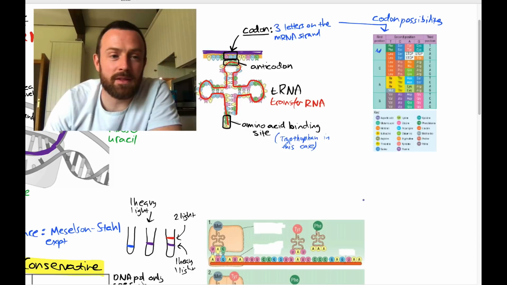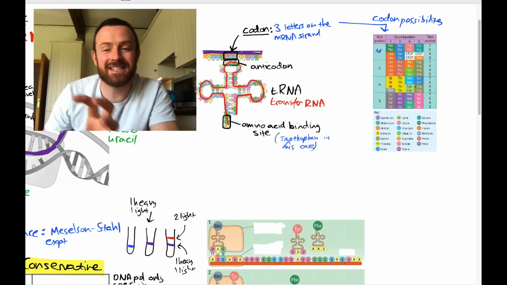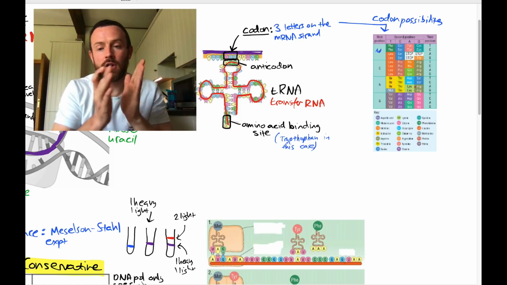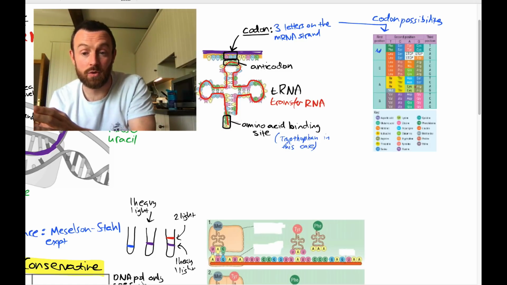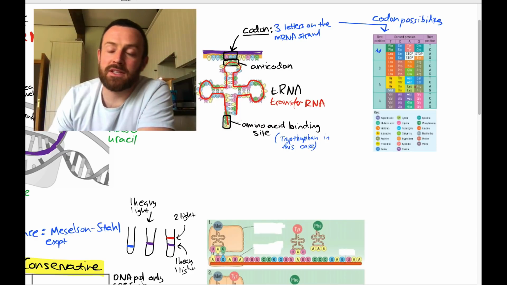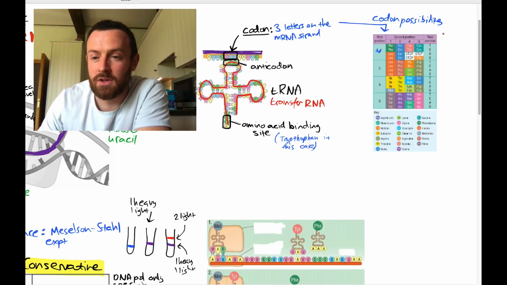A couple more things about these codons and this system of taking the code on the messenger RNA and turning it into an amino acid. This code, the DNA code, is universal. So let's add 2 points about the code.